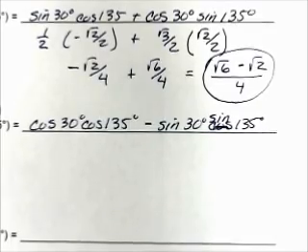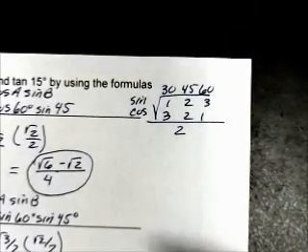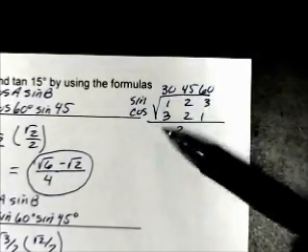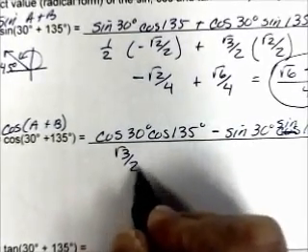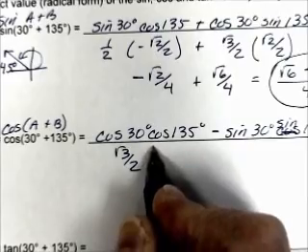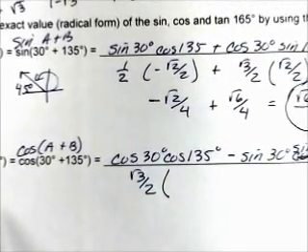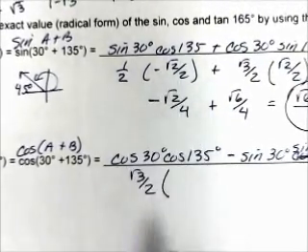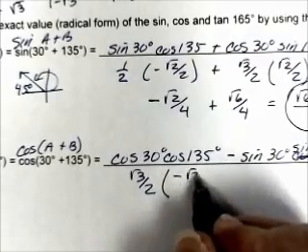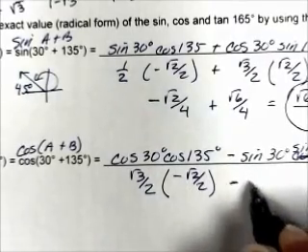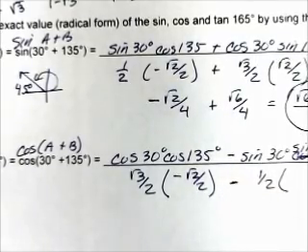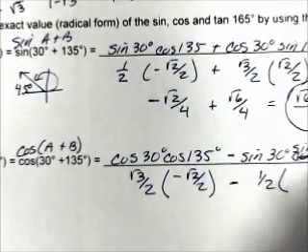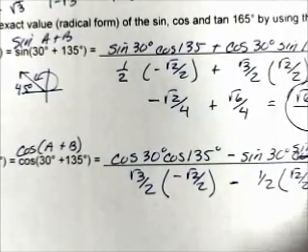Again, I'm going up to the trig table that I've got in the upper right-hand corner there. Cosine of 30, square root of 3 over 2. Cosine of 135, we have it from above, that's negative square root of 2 over 2, minus the sine of 30 is 1/2, and the sine of 135 is equivalent to sine of 45, which was the square root of 2 over 2.